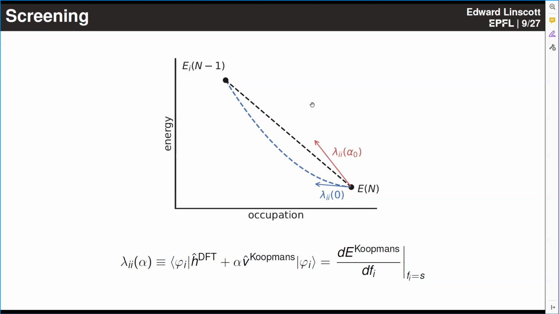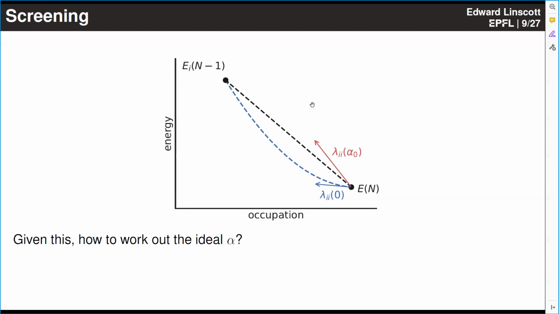Just looking at this figure, it's immediately obvious that if we assume this quantity here is in fact linear with alpha, then the correct value of alpha, the ideal value, is just going to be given by this formula here. So here we're just working out how much each of these deviate from the desired gradient that we're after.